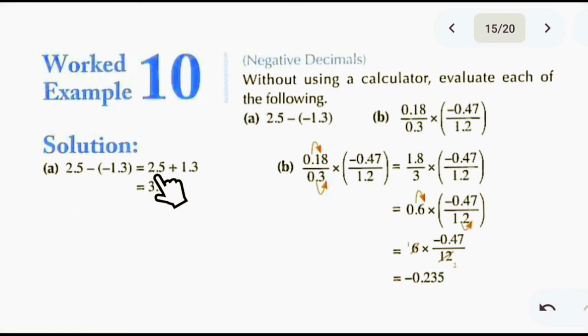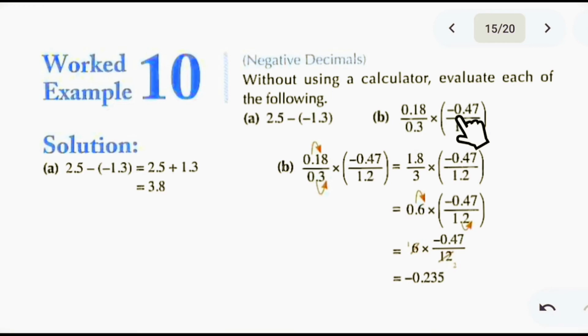So 2.5, this minus minus is plus 1.3, and then we add 1.3 to 2.5 and we get the answer 3.8.